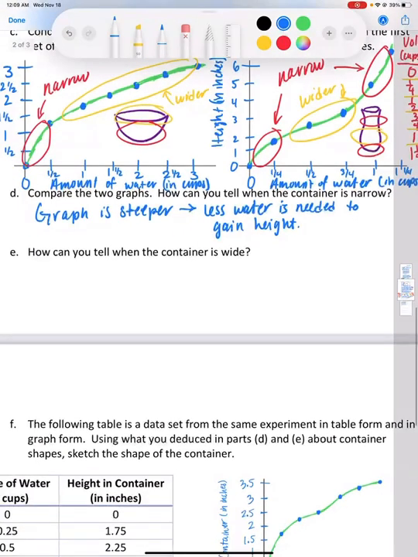Okay. How can you tell when the container is wide? Well, the graph is less steep. And more water is needed to gain height.